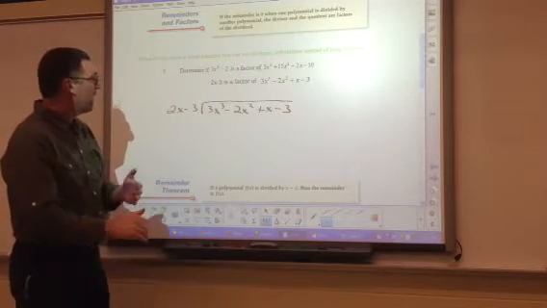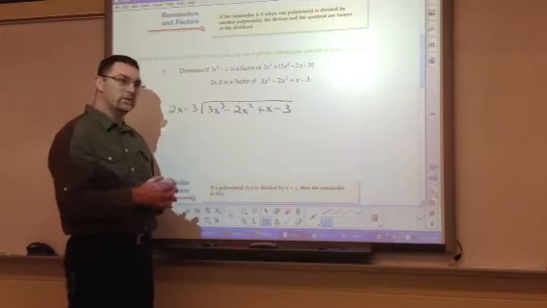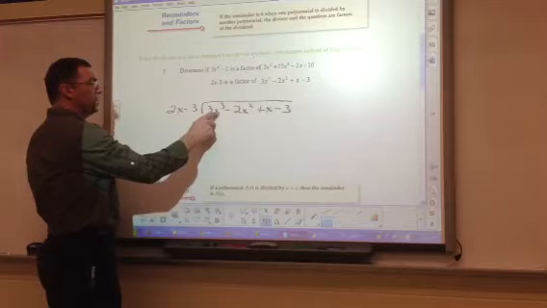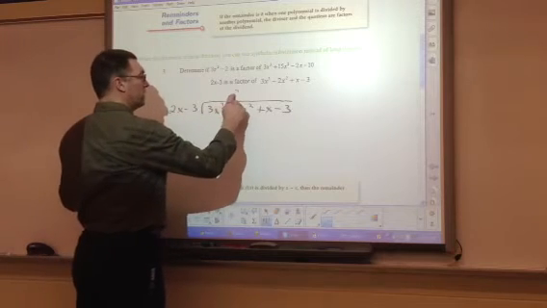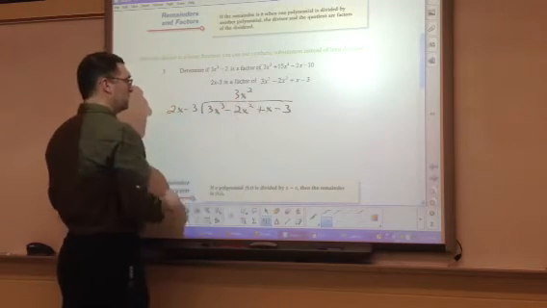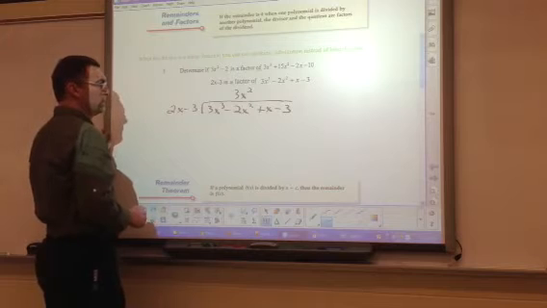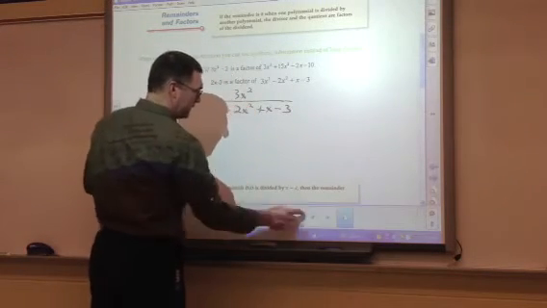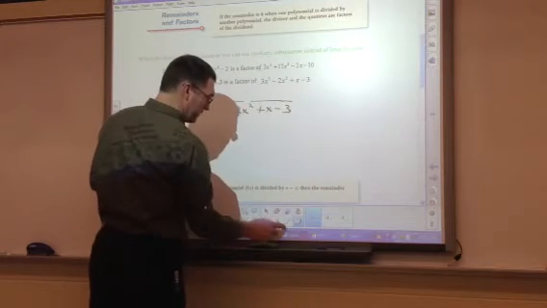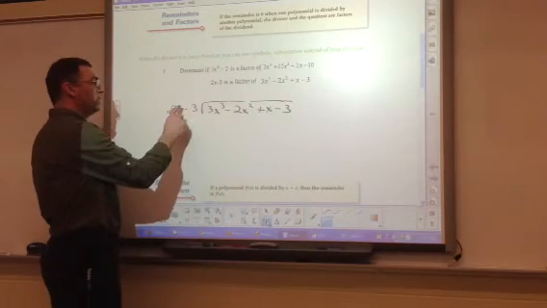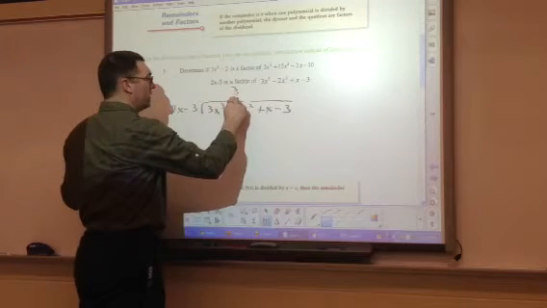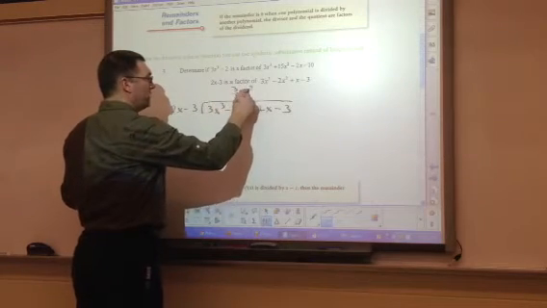Okay, we're going to go through and do this problem just so you can see the long division one more time. 3x cubed divided by 2x is, this isn't going to work out very good, 3 halves x squared.